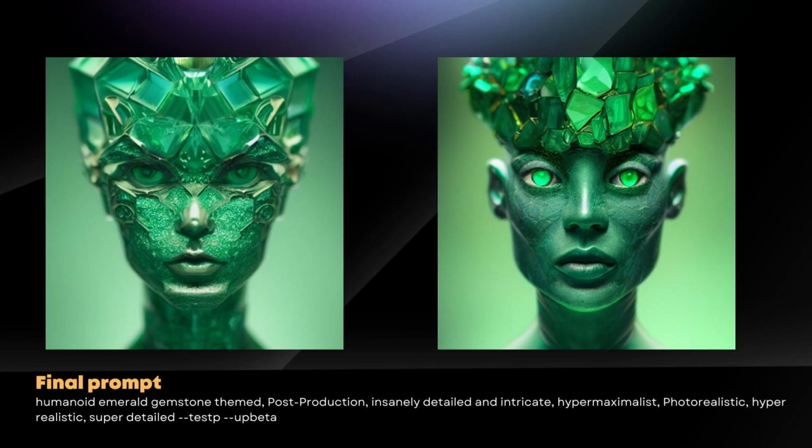So I wanted it to be insanely detailed and intricate, hyper maximalist, photorealistic. Of course, it's photorealistic stuff, and yeah, super detailed. I used this beta parameter, which is going to give you actually two pictures. Yeah, it's not going to generate four but two pictures, and the algorithm is going to focus on these two pictures, so results are going to be better. Well, that's what I found out.